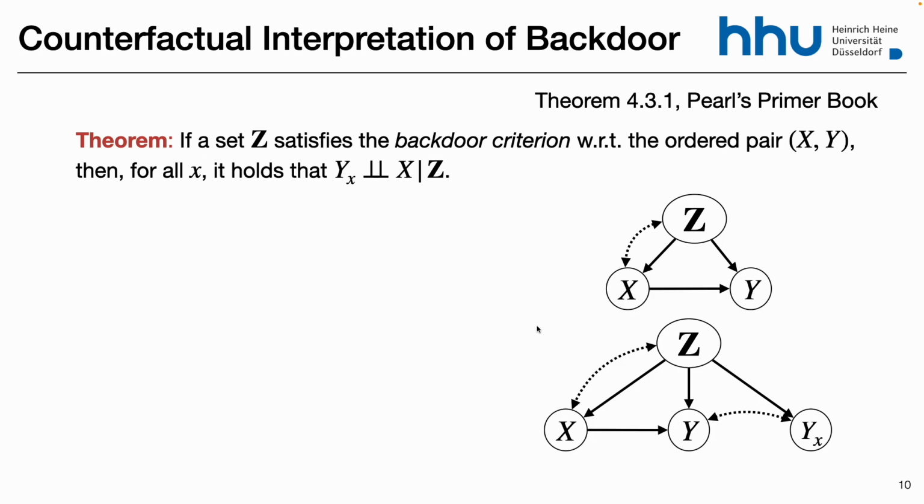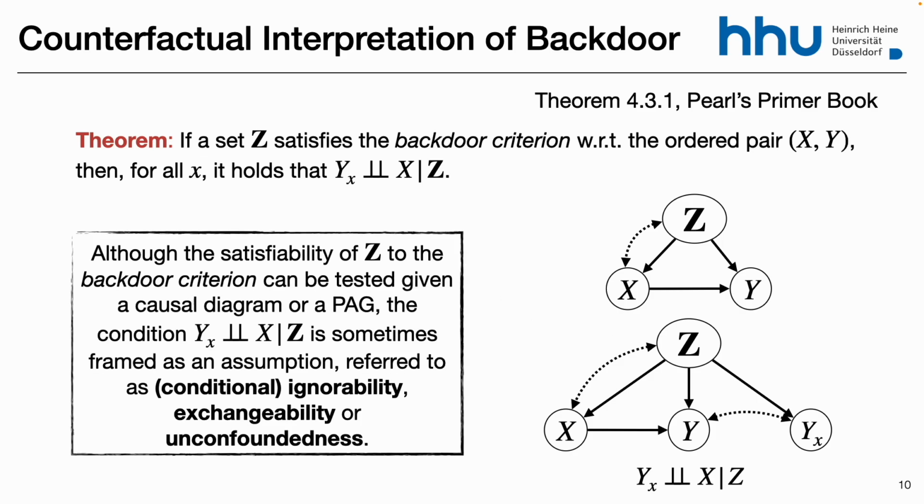And I don't know if I wrote here. Yes, I wrote here. And in the potential outcome framework, no one shows this. They just say there is an assumption that Y_x is independent of X given Z. And if this holds, which is called conditional ignorability, sometimes they call it conditional exchangeability, sometimes they call it conditional unconfoundedness.